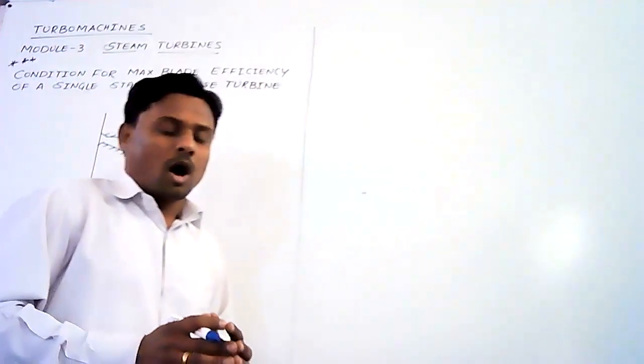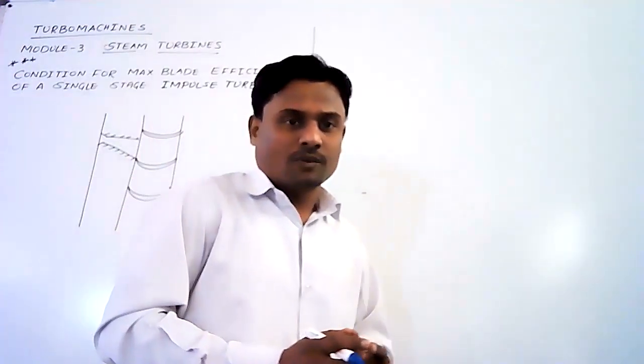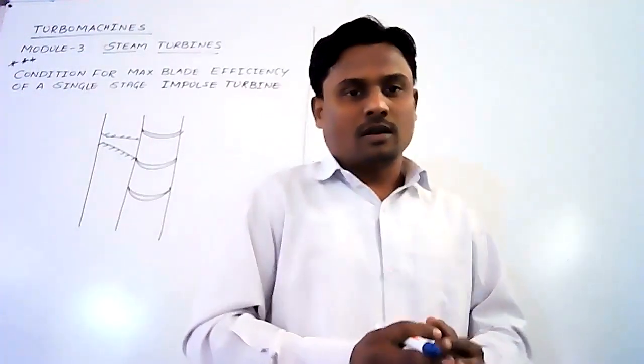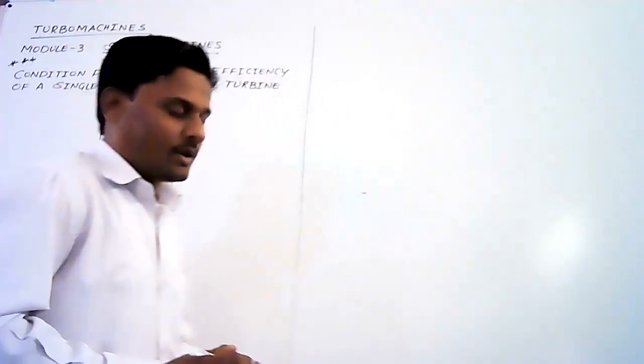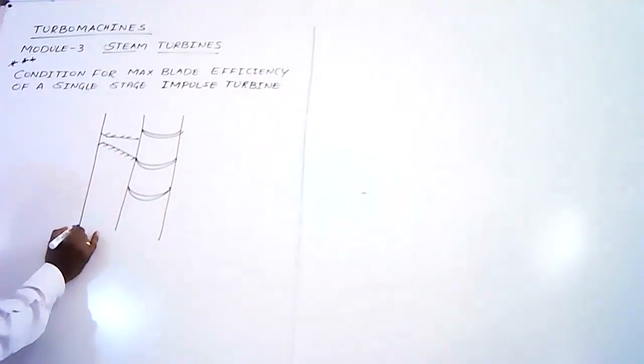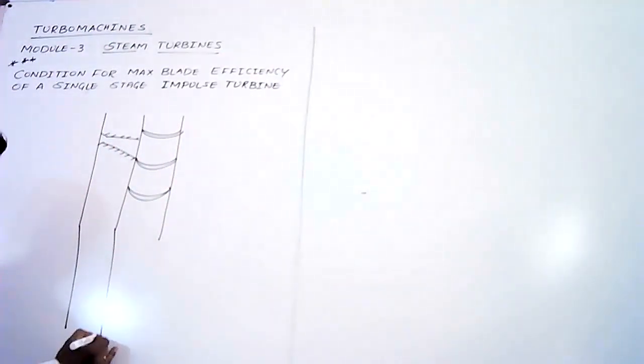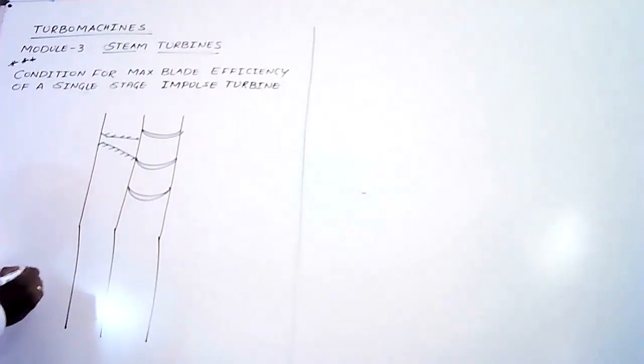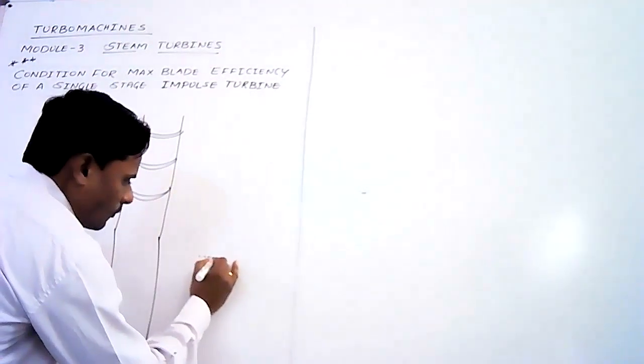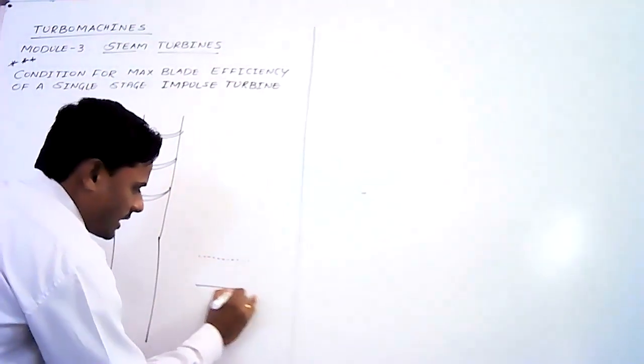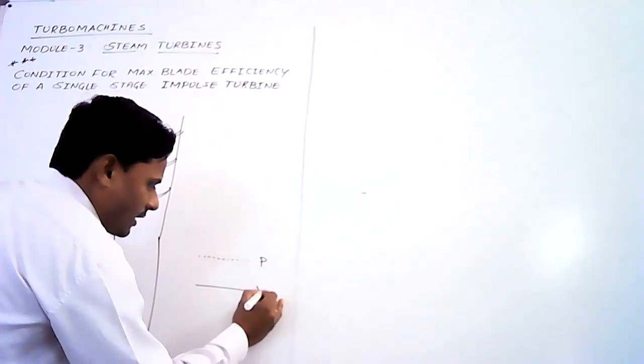Now, how do the pressure and velocity vary along the stage? First we'll see how the pressure varies, and next how the velocity varies. Let me use the dotted line for pressure and the continuous line for velocity.